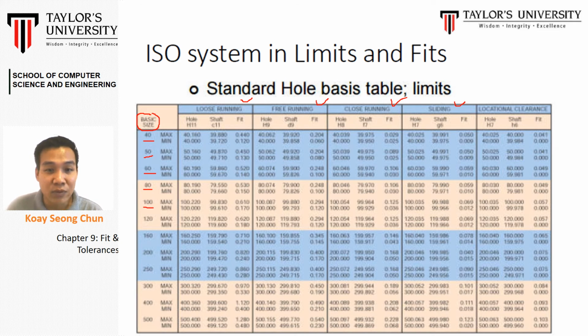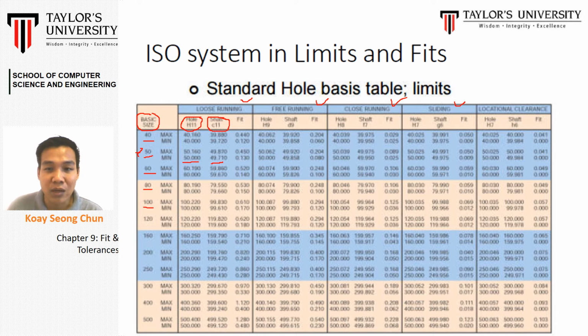If you design your hole as H11, then you need to pair it with a shaft with a limit of C11. Let's say your basic size is 50. By referring to the numbering and the alphabet system, where is the maximum and minimum size for the hole and shaft?